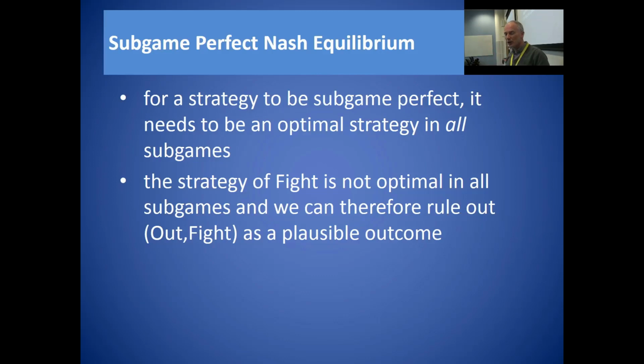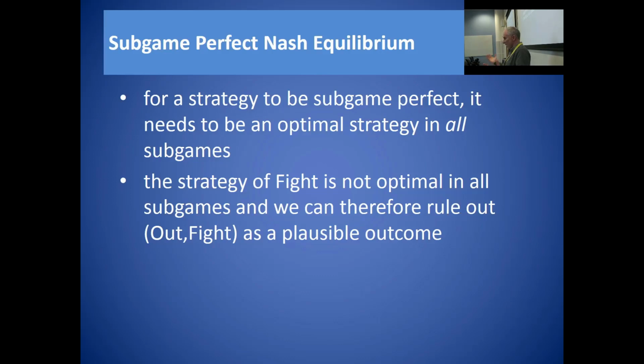That subgame that we saw, where the incumbent is choosing over acquiesce and fight: is it ever optimal in that subgame for the incumbent firm to fight? Hopefully you should know that the answer is no. After market entry has occurred, the optimal thing that the incumbent should always do is to acquiesce, not to fight market entry. And so the strategy of fight is not optimal in that subgame.